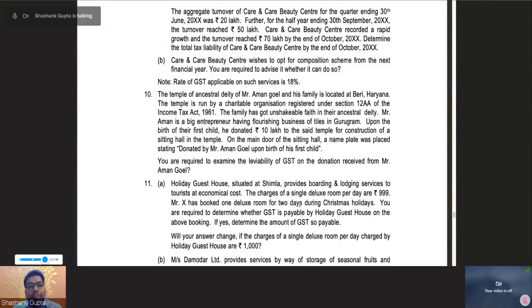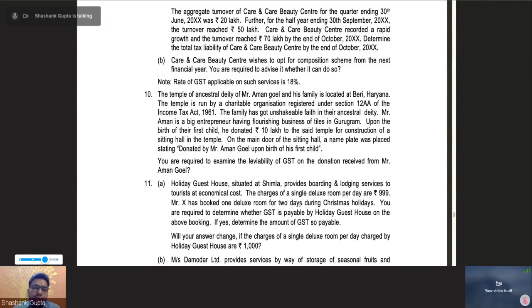Mr. Aman is a big entrepreneur, having a flourishing business of tiles in Gurugram. Upon the birth of their first child, he donated rupees 10 lakh to the said temple for construction of a sitting hall in the temple. On the main door of the sitting hall, a nameplate was placed stating donated by Mr. Aman Goyal upon birth of his first child.